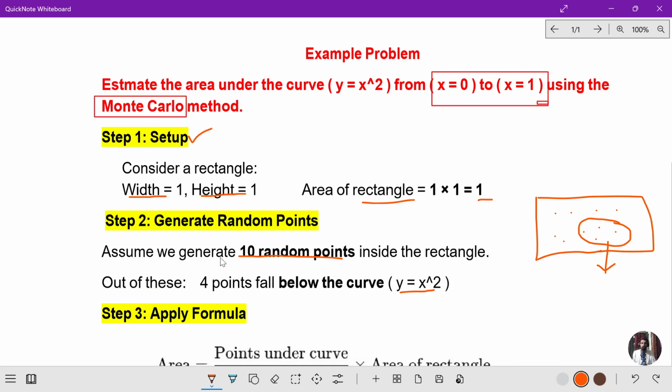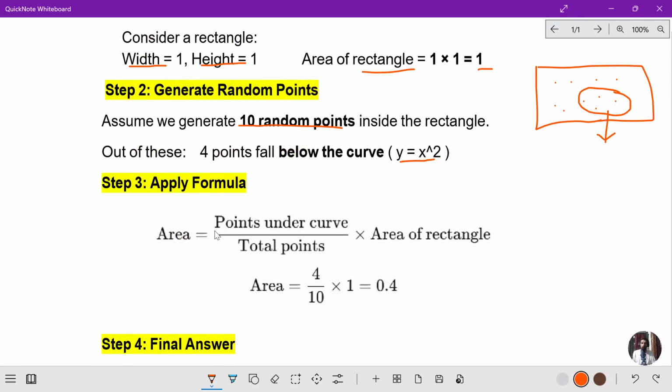After completion of the second step, we apply the formula. What is the formula? Area is equal to points under the curve divided by total points. Let us assume 4 points under the curve and total points are 10, so this is equal to 0.4.